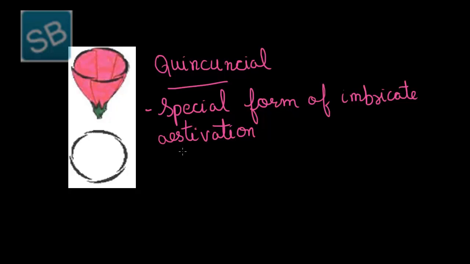But in cuneiform aestivation, there are 2 components which are completely inside, 2 which are completely outside, and one which is arranged along the margins and overlaps.